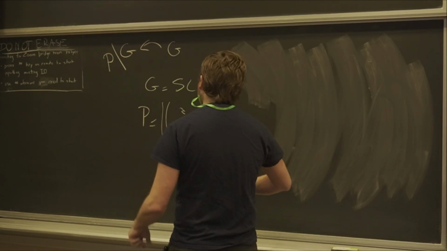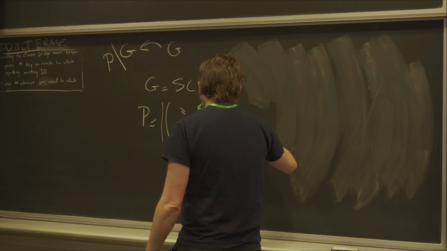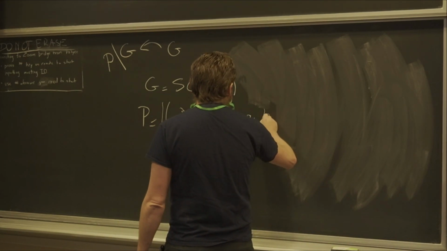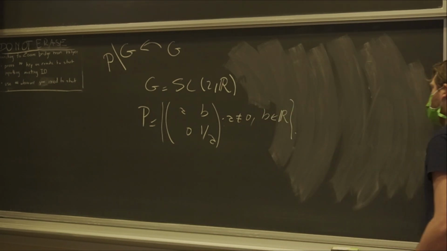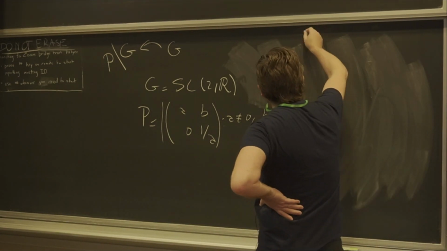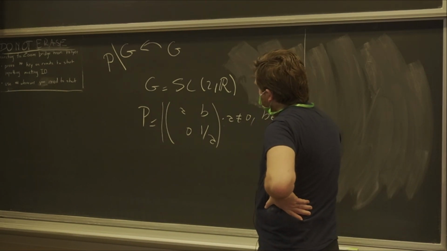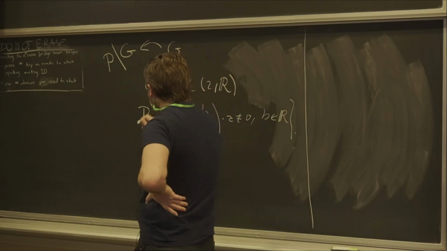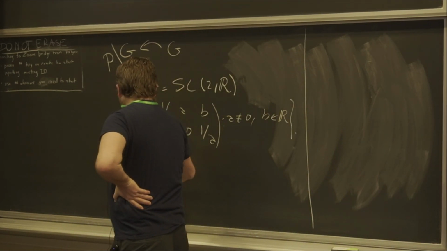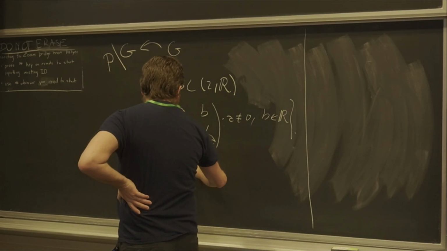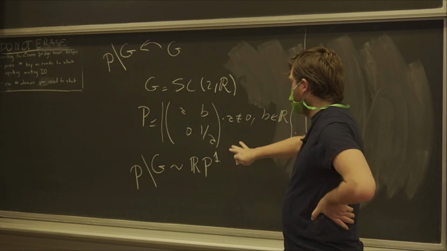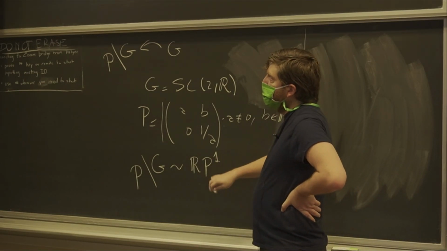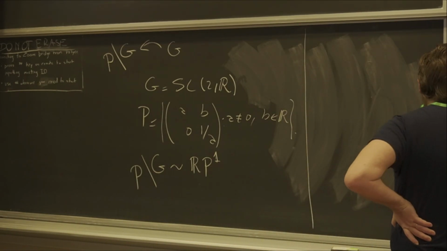I want the minus identity also to belong there, and then any R. In any event, the way we will make our understanding of G mod P, I already told you that this is RP1, and let me explain why you have this identification as RP1.